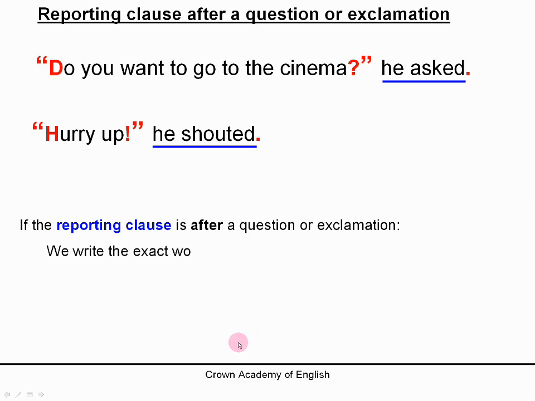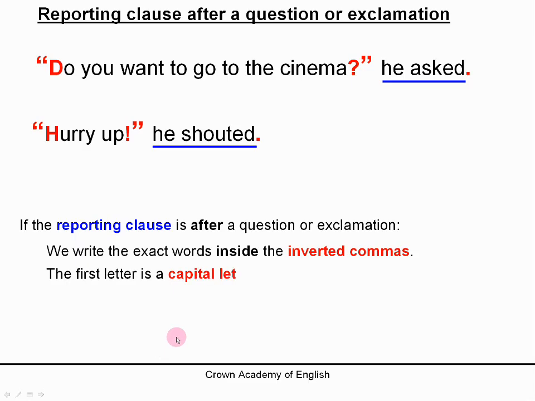The rules are, we write the exact words inside the inverted commas. Okay? The first letter is a capital letter, a capital D and a capital H.